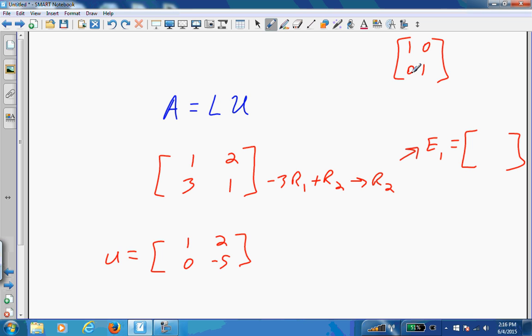So minus 3 plus 0, minus 3 times 0, 0 plus 1, so 1. The first row we didn't change. So we took our matrix A, we multiplied it out front by E1, and that resulted in this upper matrix.